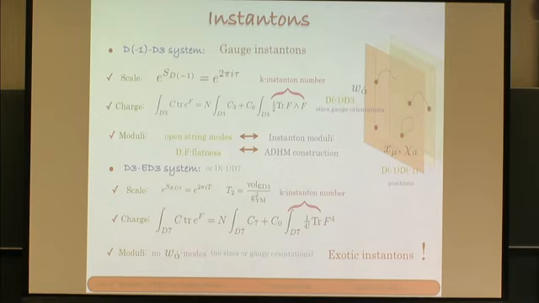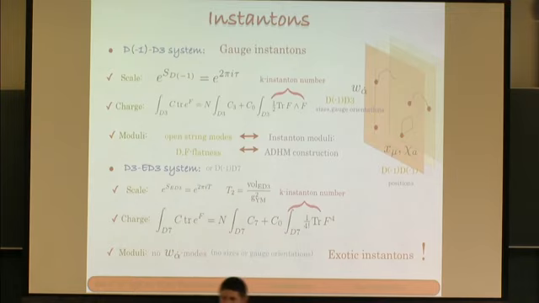Another indication is that, as I said in the first transparency, between a D-1 and D7 you have just a fermion. Okay? This means that there is no size or gauge orientation. These are instantons that do not have size or gauge orientation. They have just positions. Therefore, they are very strange and they are called exotic. In the literature, some people also call them stringy instantons.